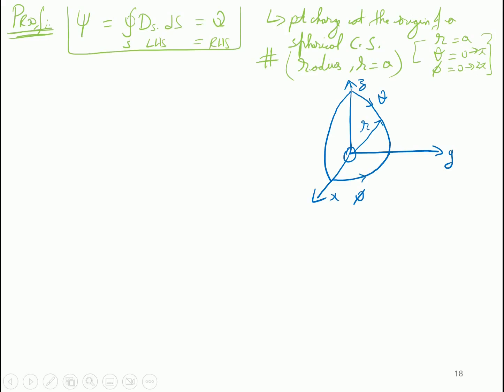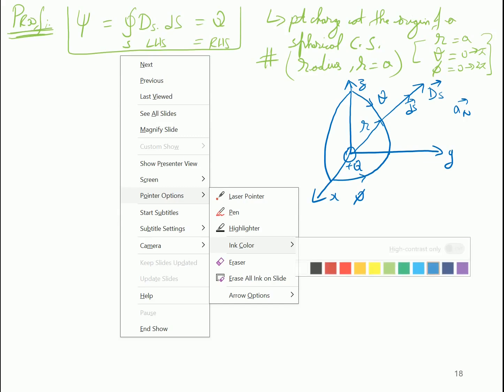If we extend this r, it can be represented as an electric field intensity, or in other words an electric flux density d of s, with d of s selected as a surface, and we can also have a unit normal vector here, which is a of n. The charge is placed at the origin, and we want to do the analysis for a single point in space, that patch area.